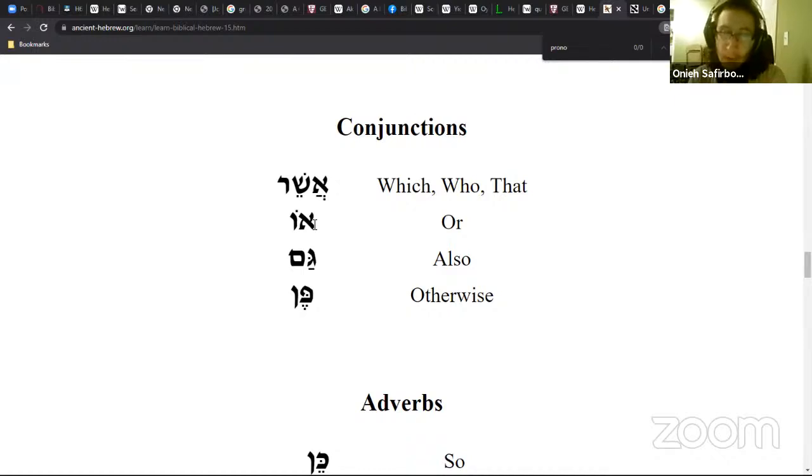Some pronounce it as o, but the correct pronunciation here, based on the letters used, would be ow, because it forms a diphthong. Ow, ow. And then Gimel Mem means also, and Pei Nun means less.